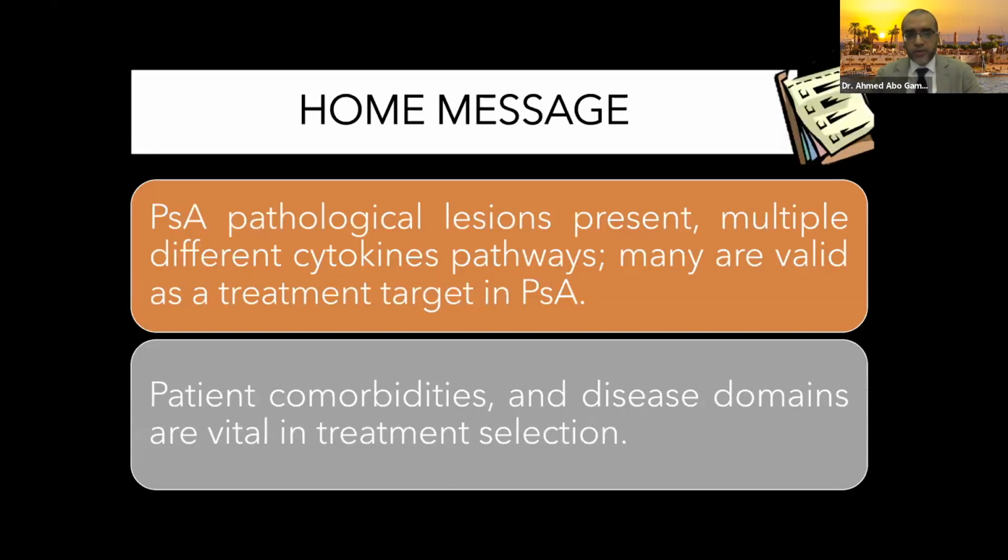And for PsA, pathological lesions express a lot of different interplay between cytokines, and many of them are valid targets for the treatment of psoriatic arthritis. Patient comorbidities, patient characteristics, and the domains involved are a vital part of deciding which one we will use to treat your patients.